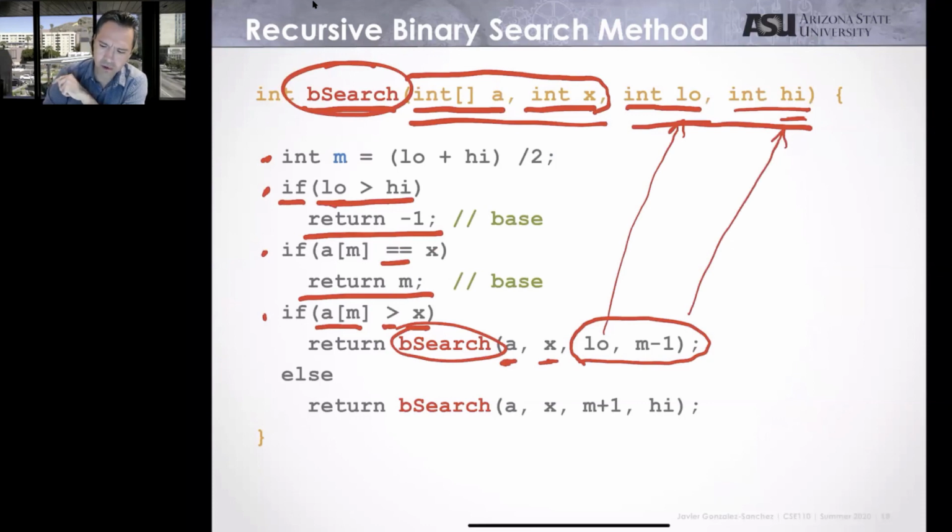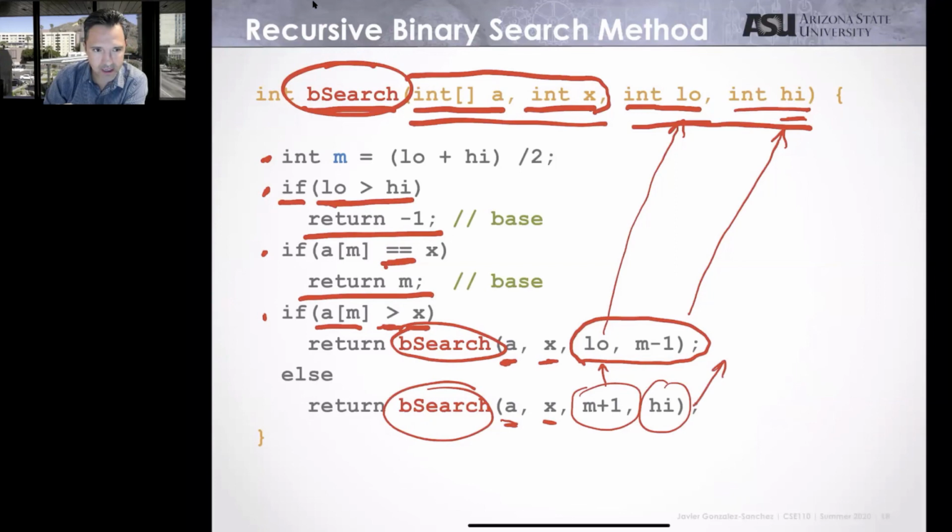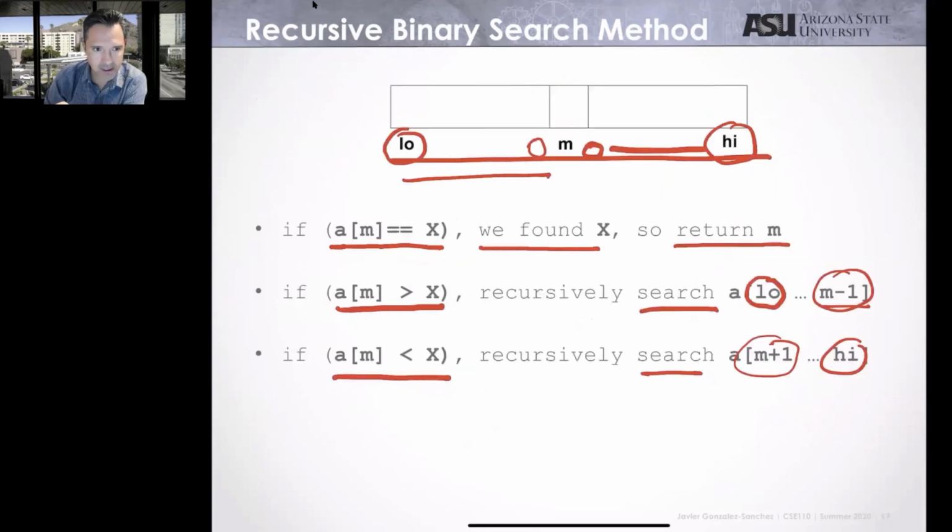No. Not equal, no greater. By default, the option is smaller. Recursive call, same array, same element, but now the lower is going to be m plus 1, and the higher, the same that you received. This is this.